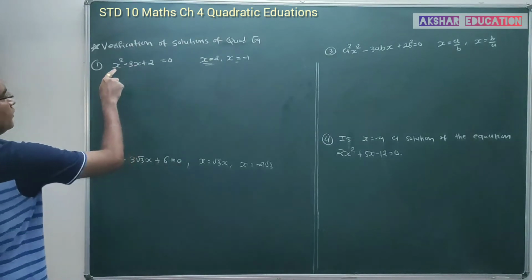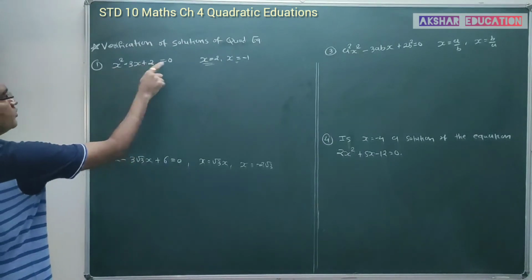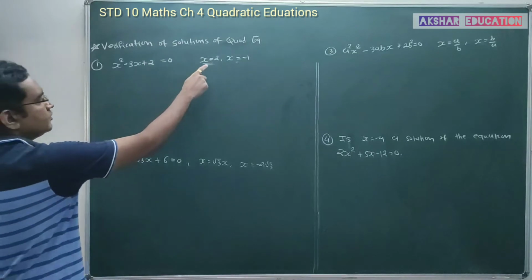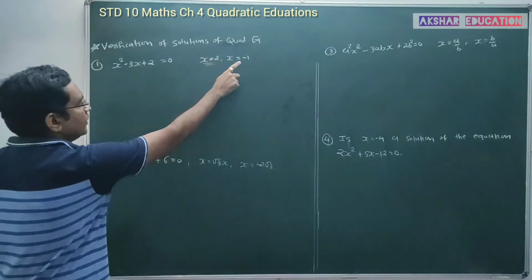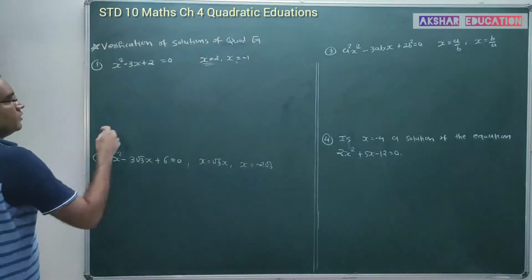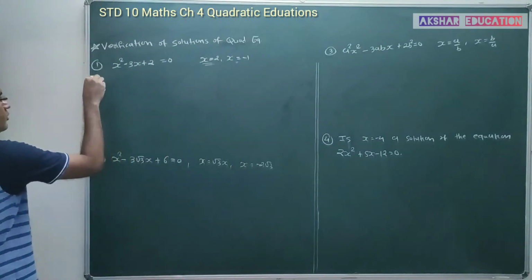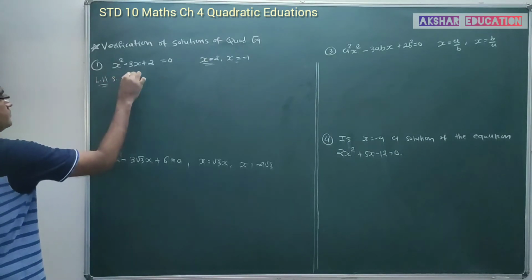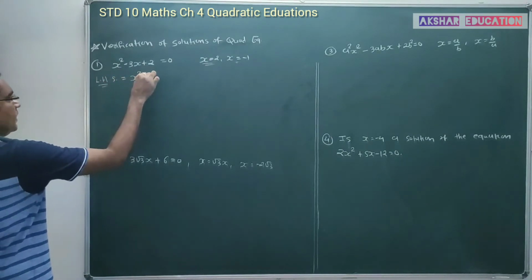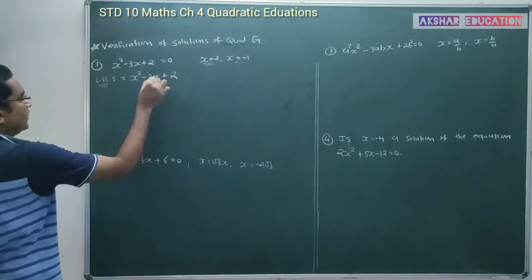So here the equation is x square minus 3x plus 2 equal to 0, and two values of x are given, which are x equal to 2 and x equal to minus 1. First we start from the left hand side of this given equation, which is x square minus 3x plus 2.